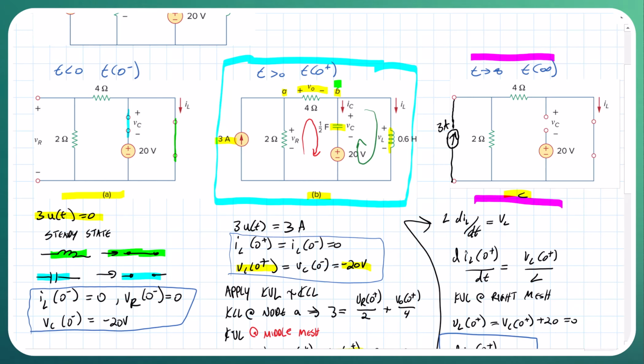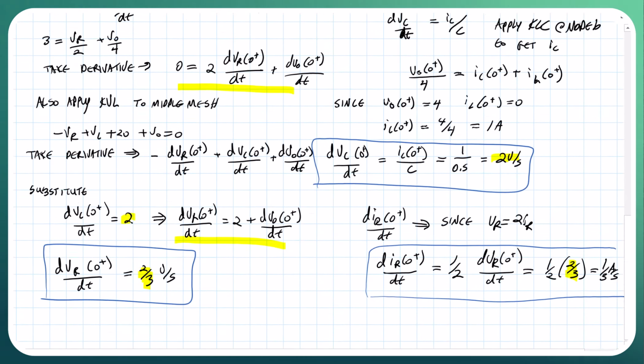As time goes to infinity, the circuit is going to reach steady state again. Meaning the last circuit is going to be equivalent to the first circuit, except now the current source is working. So we can do the current division in this case.